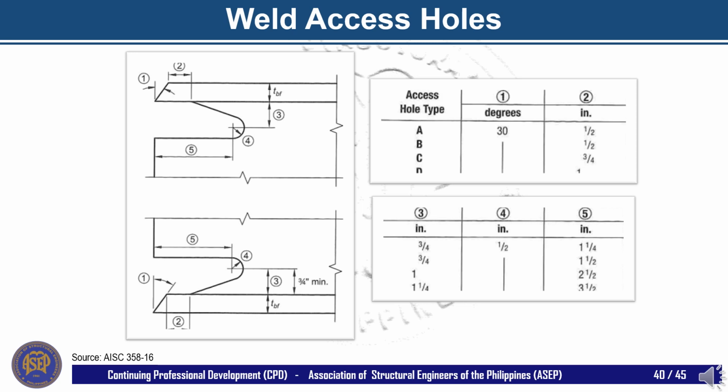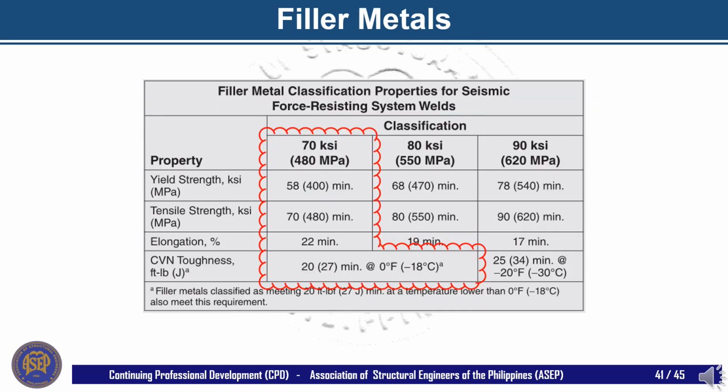Specific workmanship standards for weld access holes are given in AWS D1.8. Shown here is a prequalified dimensioning of the weld access holes for directly welded connection using CJP welds. The third seismic requirement for CJP welded SMF connections is the filler metal properties. AWS D1.8 requires that all seismic force resisting system welds are to be made with filler metals classified using AWS A5 standards that achieve the following mechanical properties.